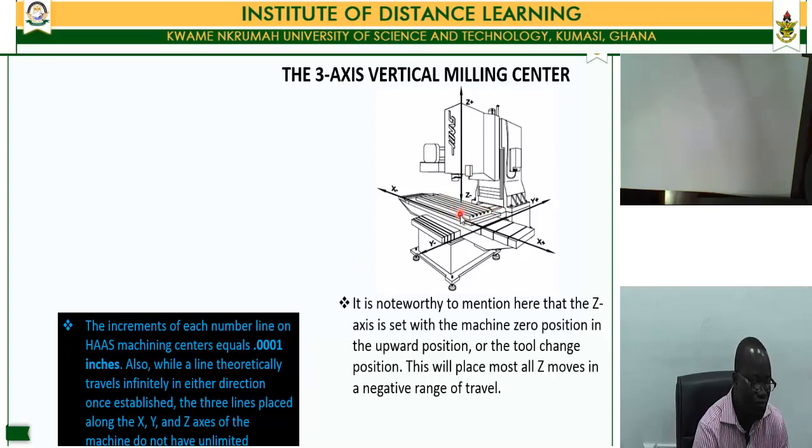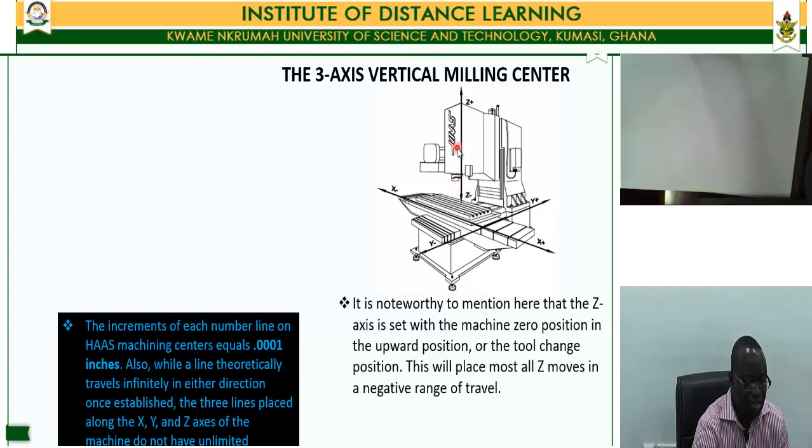That is, every move of the machine is equivalent to 1,000th of an inch. It means it can move in very precise distances. So when you have these lines established, it means that every step that you step the machine can be equivalent to 1,000th of an inch.